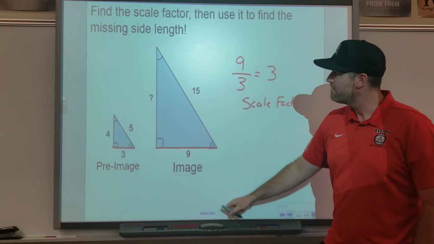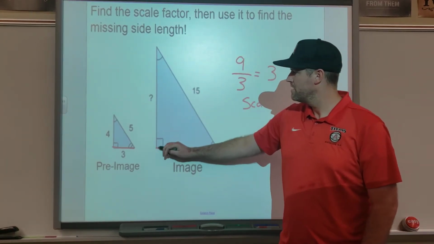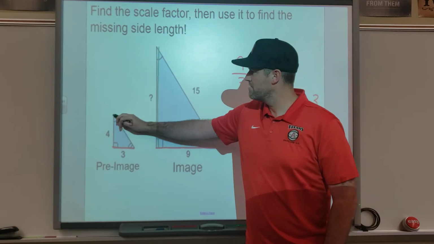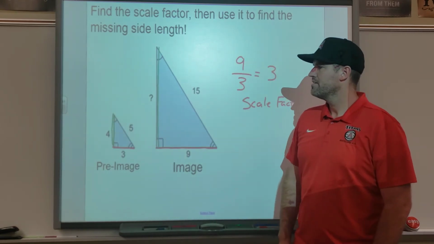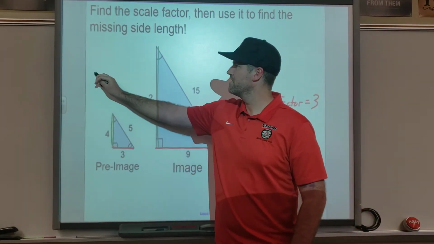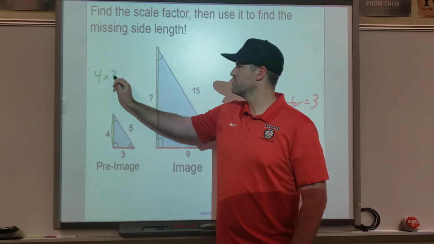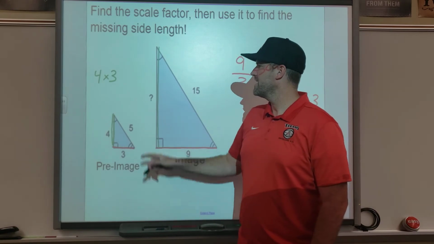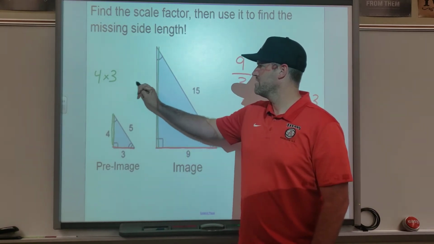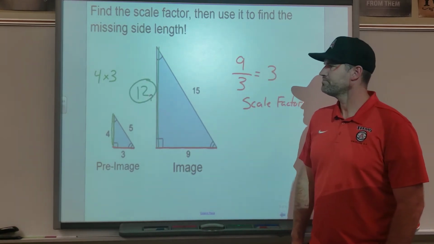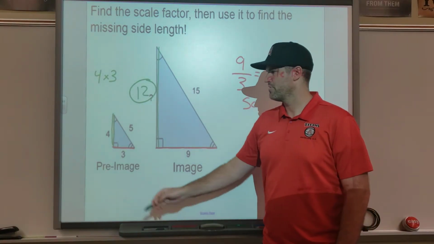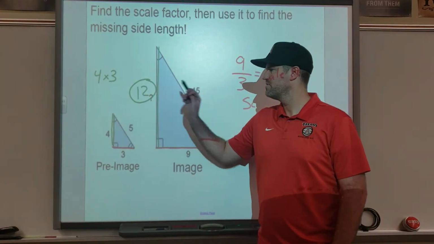Therefore, if I want to find this side here, I know that this side corresponds to this side. So I can take my original side length, which was 4, and multiply it by the scale factor, which was 3, and I get that this side length here has to be 12. Because the scale factor was 3, 4 times 3 is 12.